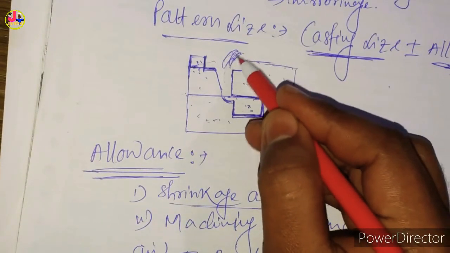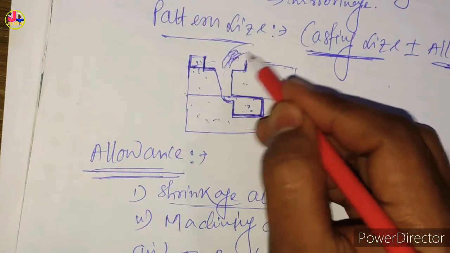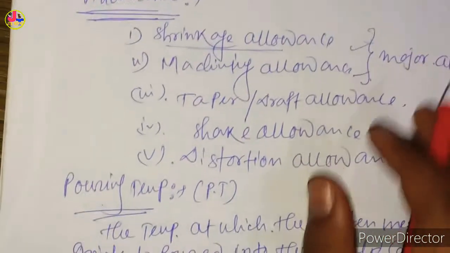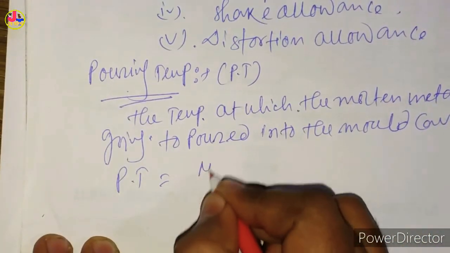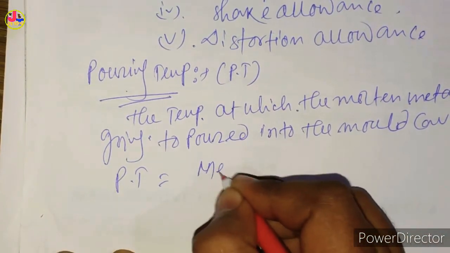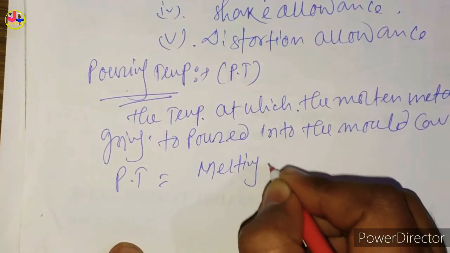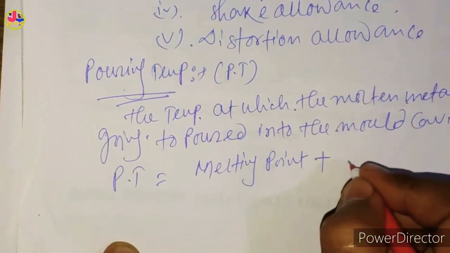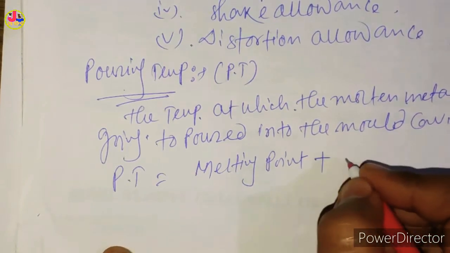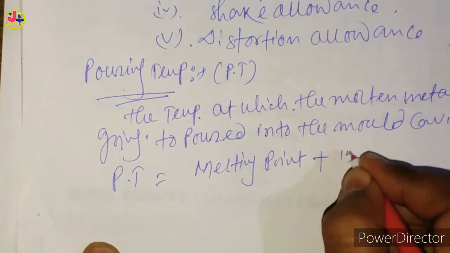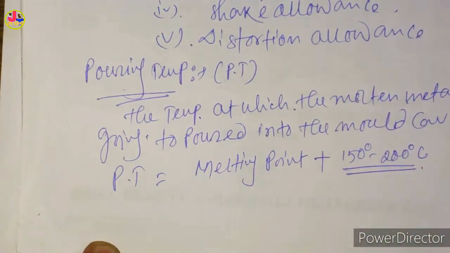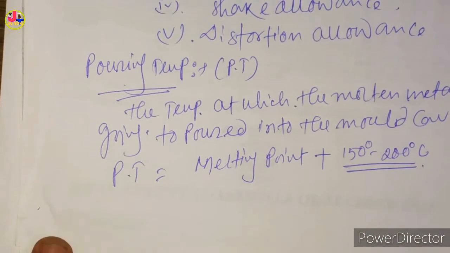In this temperature we pour the molten metal, but this molten metal is heated above the melting point. Means you can say pouring temperature equals melting point of any metal plus excess heat. I already discussed this: 150 to 200 degrees Celsius we have to heat it, then we get the pouring temperature.